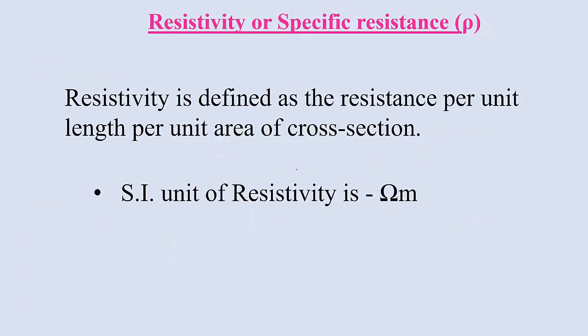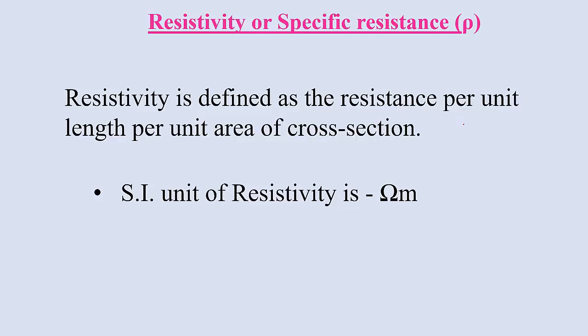Then how to define resistivity? Remember, resistivity is also called specific resistance and the symbol is rho. Resistivity is defined as resistance per unit length per unit cross-sectional area.